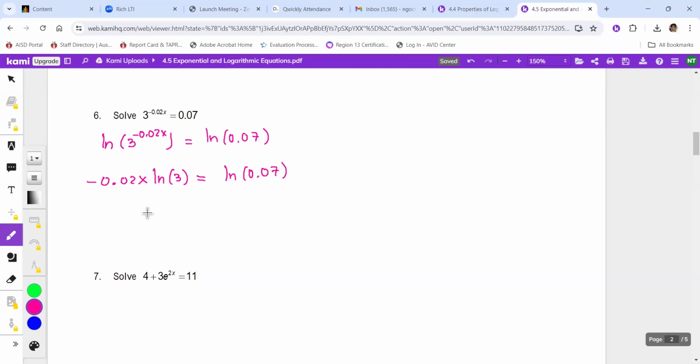So we want to keep x, and the rest on the left-hand side we move to the right-hand side by dividing. So x equals natural log of 0.07 divided by negative 0.02 times natural log of 3.